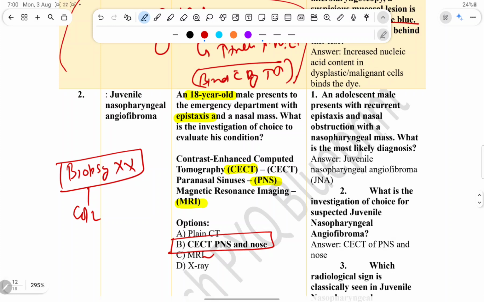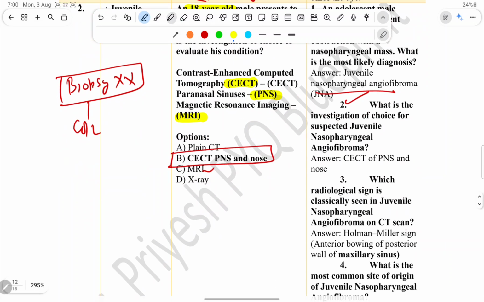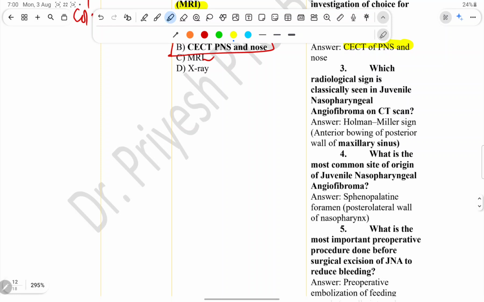A male presents with recurrent epistaxis and nasal obstruction with a nasopharyngeal mass. What is the most likely diagnosis? It is juvenile nasal angiofibroma. Next, what is the investigation of choice for suspected nasopharyngeal angiofibroma? We have read CECT of the paranasal sinuses. Which radiological sign is classically seen in juvenile nasal angiofibroma?